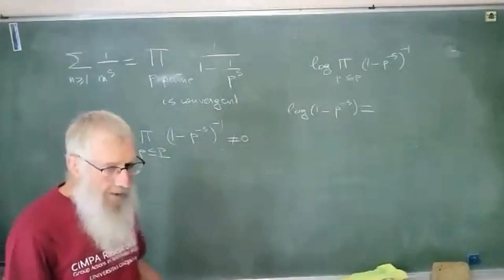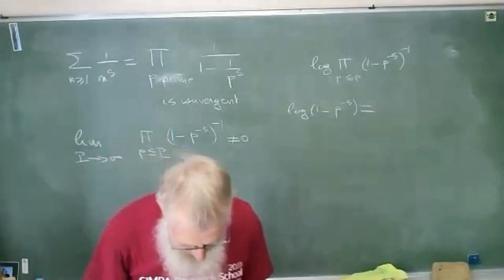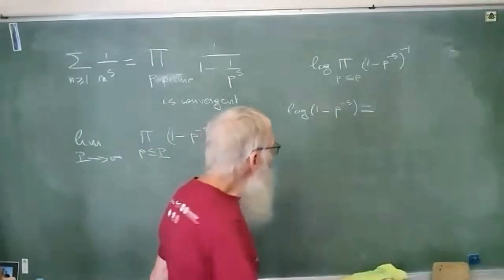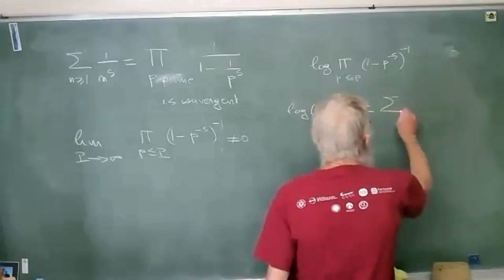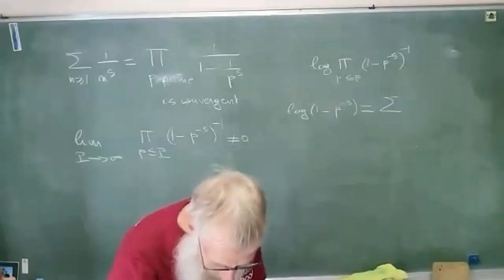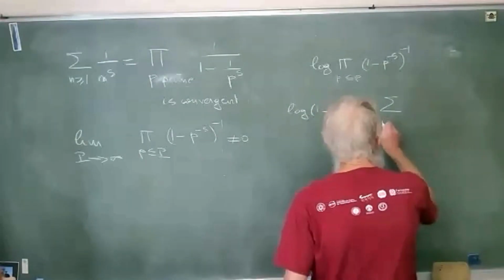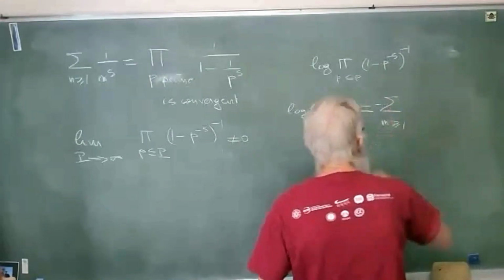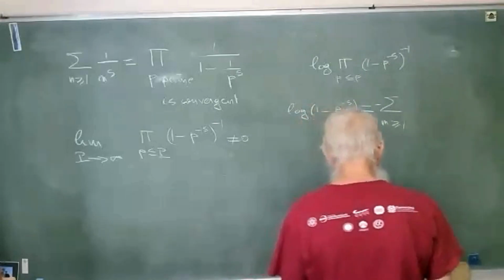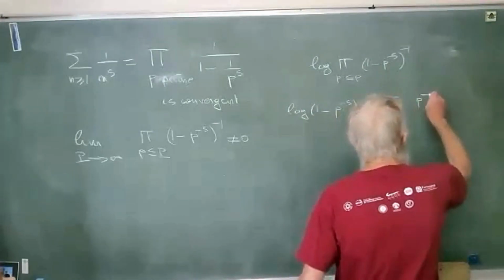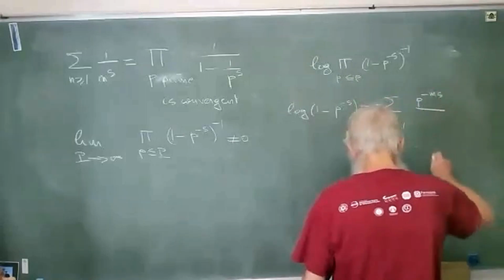p to the minus s is sufficiently small so that we can take the formula, which is that this is the sum for m greater than or equal to 1. We have the sign minus, and it's p to the minus ms divided by m.